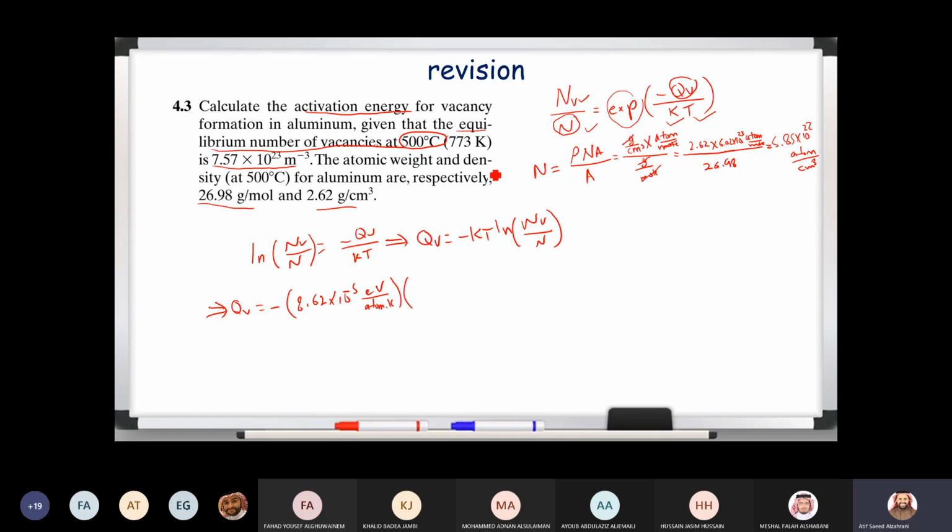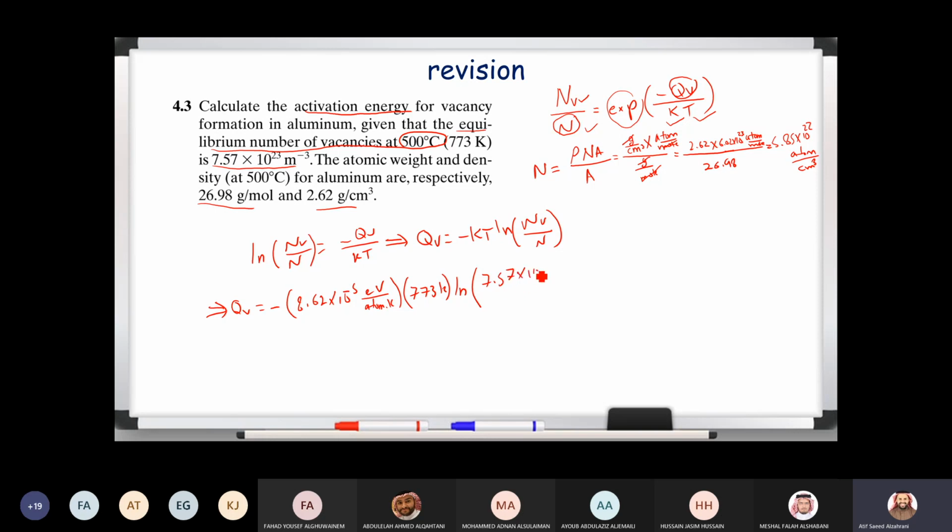For the temperature, should we use 500 or 773, guys? 773. Why? Because the units are in Kelvin. Exactly. So 773 Kelvin.